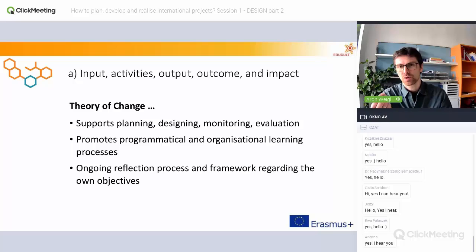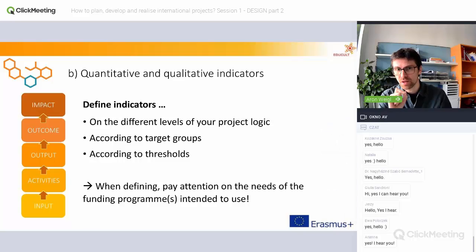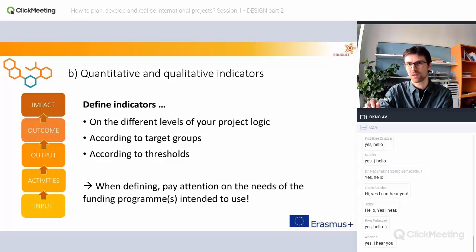So if we want to measure now our results, we need this little thing called indicator. Because how can we measure outcomes? It's not easy, for example, or even outputs. Yeah, we need another key figure, another step for that, and here we have to define indicators.